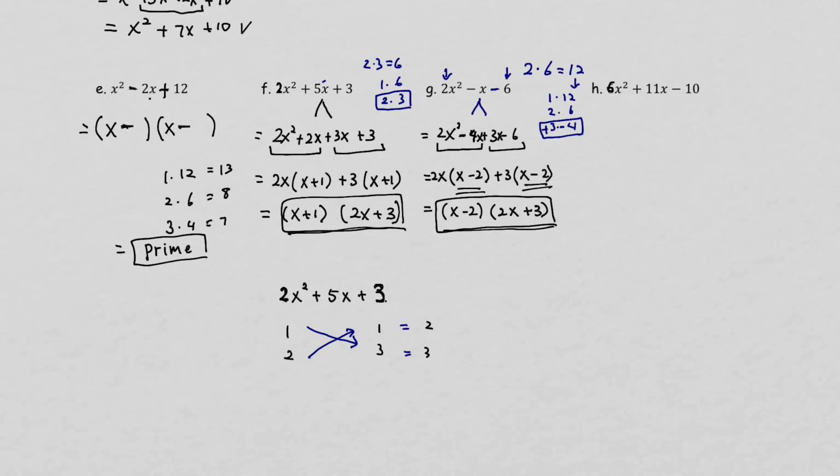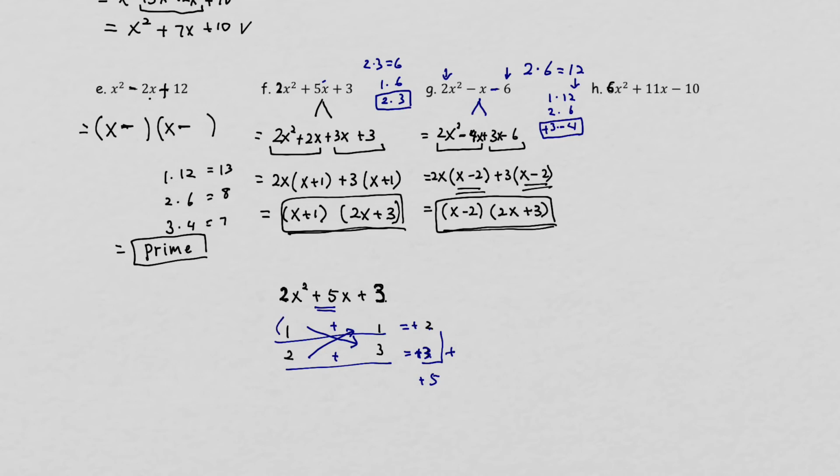And when I add these two, I have to get the middle number, which is positive 5. I want to make sure that this is the factor I'm going to get, right? So 2 and 3 become 5 if these signs are positive. It means the sign in front of each is also going to be positive.